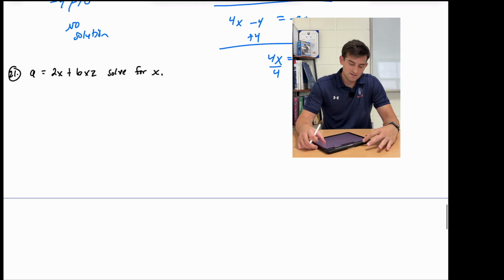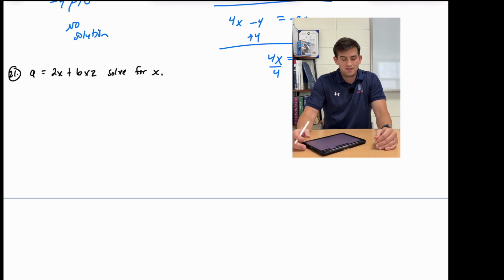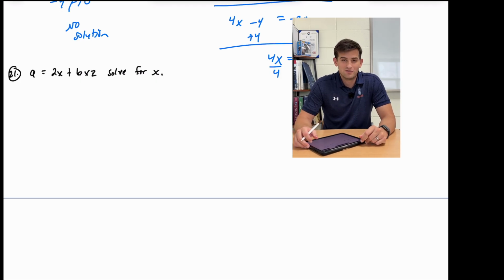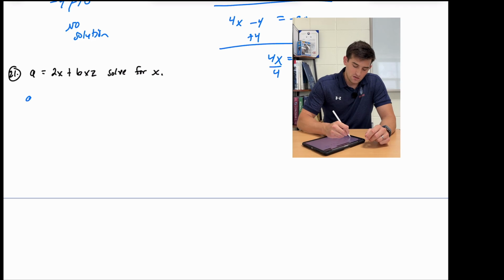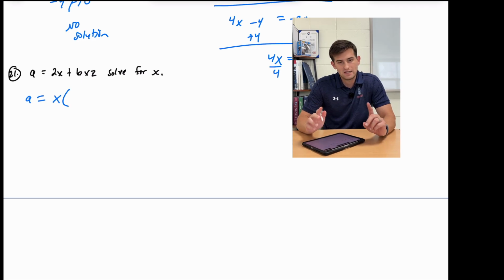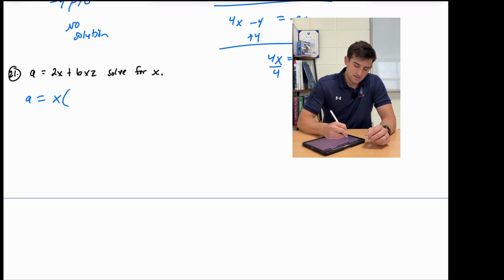All right, and our last problem to solve for this compilation video for solving linear equations, we have a equals 2x plus 6xz. We want to solve for x. Well, I can go ahead and factor out my x because we have two terms that have an x. They're not the same, so we can't actually combine them. So let's factor out the x. x times what is 2x? That'd be 2.